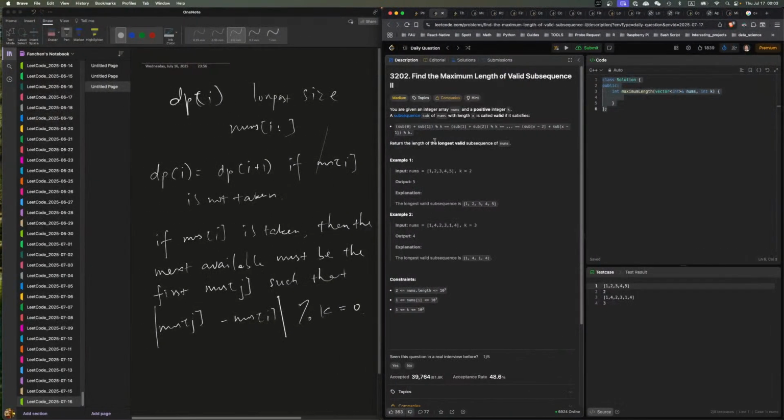Maybe the remainder can help us somehow. So this plus this mod k is equal to something. Can we say, let's say it's equal to 0.